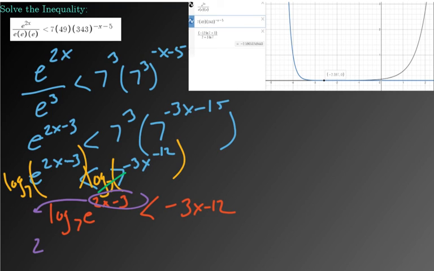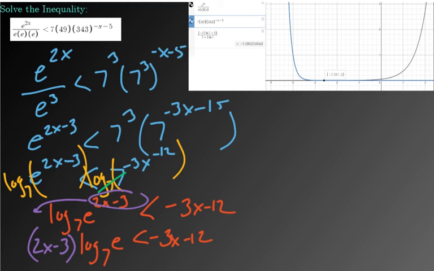So we're going to have 2x minus 3 times log base 7 of e, and all that's got to be less than this. And at this point now we have an Algebra 1 inequality. Just like the last problem, we can distribute that. Then we'll combine like terms and we'll be good.